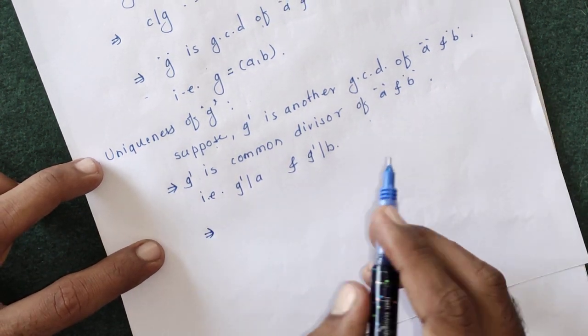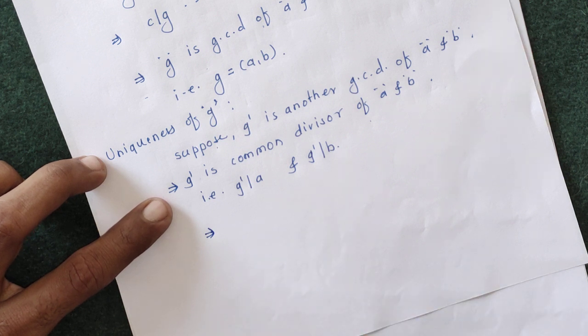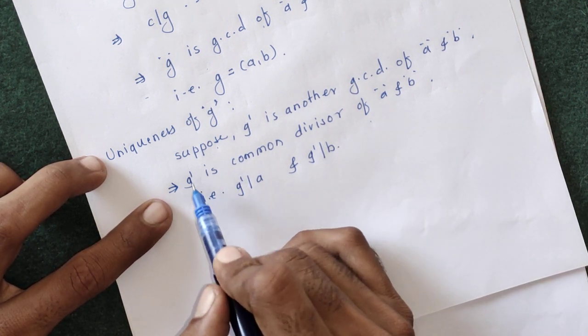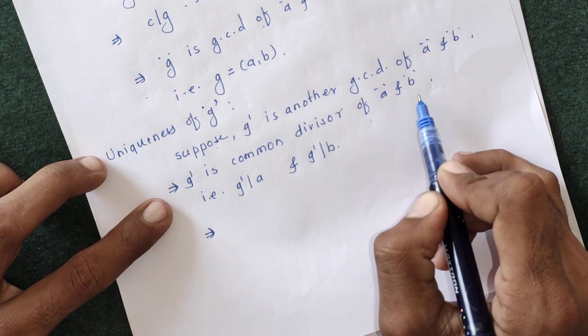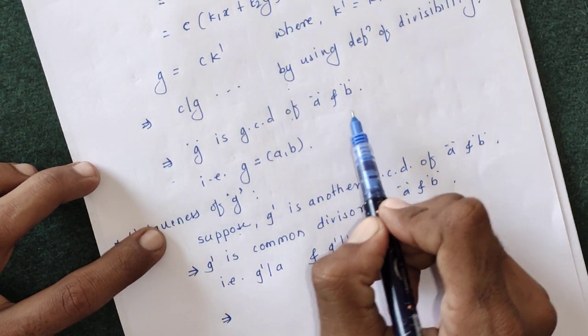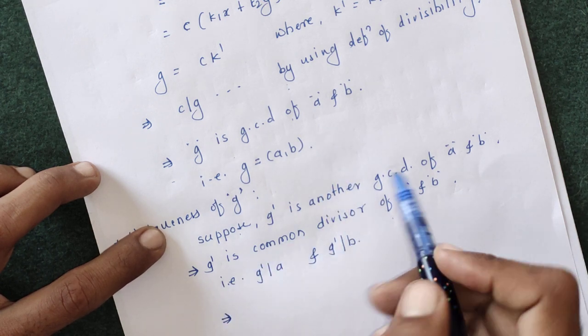This implies, since g prime is a common divisor of a and b and g is the GCD of a and b, g must be the greatest among all the common divisors.